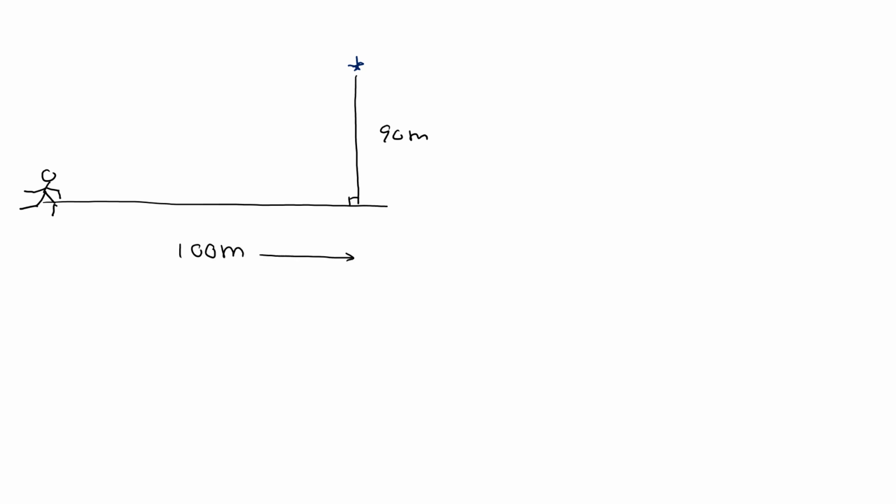So he runs first and then swims. We're going to consider this distance as x just to make the algebra easy. Then you get 100 minus x here. So this part is 100 minus x.